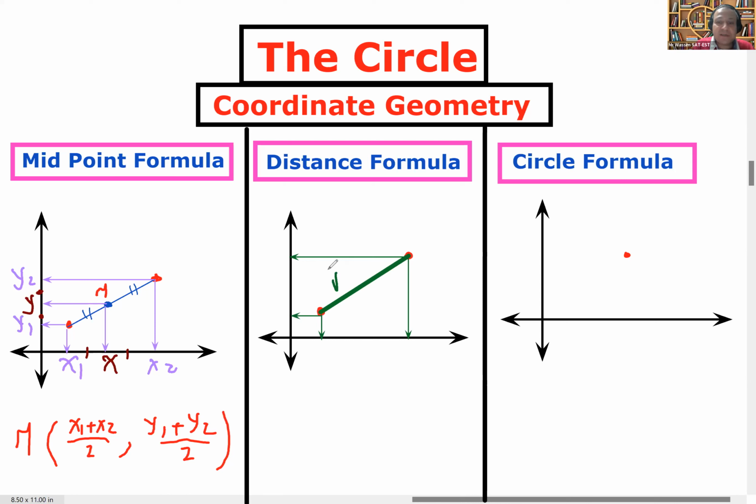This point has x1 and y1, x2 and y2. I need to find the distance between them. I'm going to complete a right angle triangle like this.